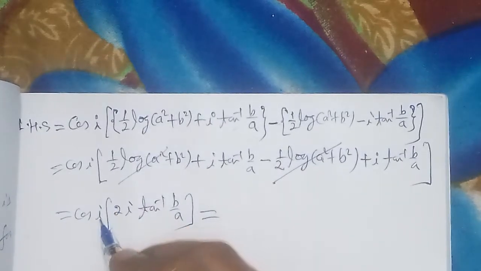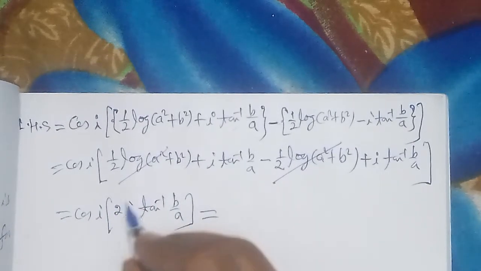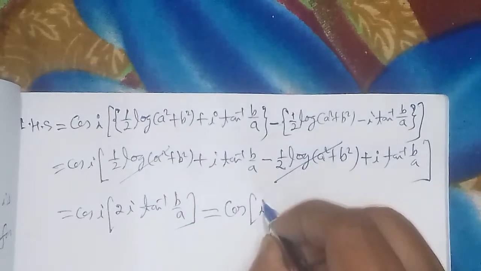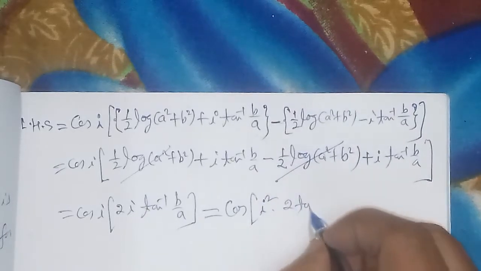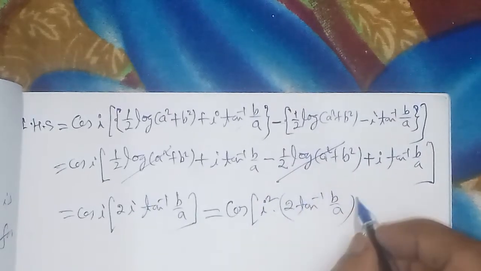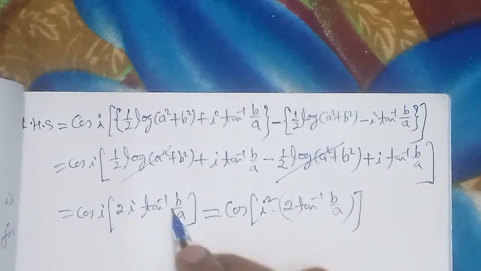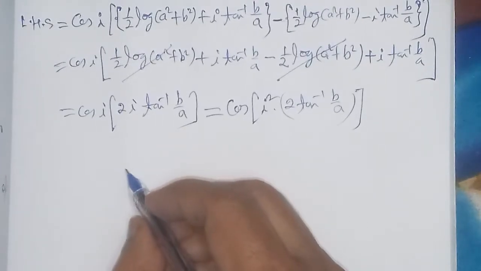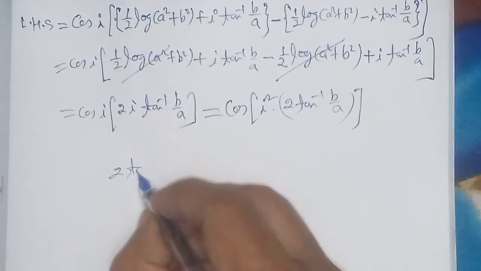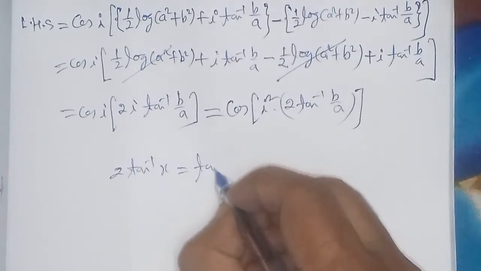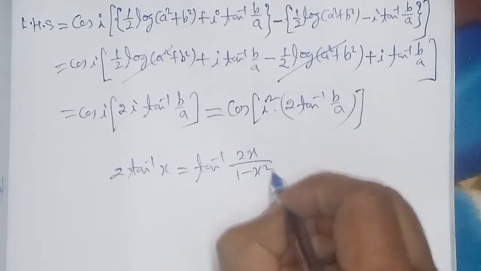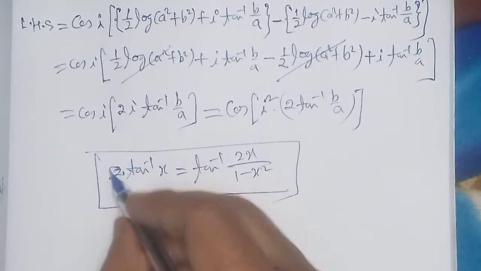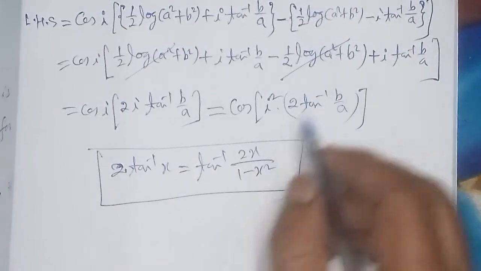Now I take i in this bracket, so we can write it as i² and 2 times tan inverse b upon a. I take 2 with the tan inverse because we have a formula for this: 2 tan inverse x is equal to tan inverse of 2x upon (1 − x²). So we apply this formula to remove the 2 from here.